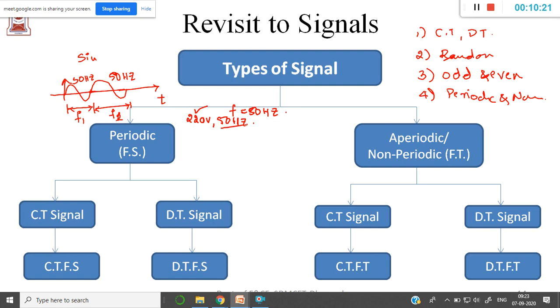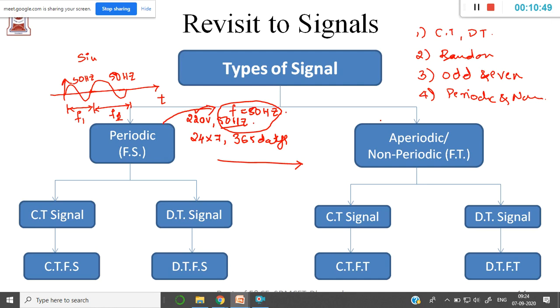The AC signal must be periodic, the reason being that all 24 by 7 and 365 days, as time changes, the frequency of that signal is unaltered. Hence, this is one of the best examples of a periodic signal.